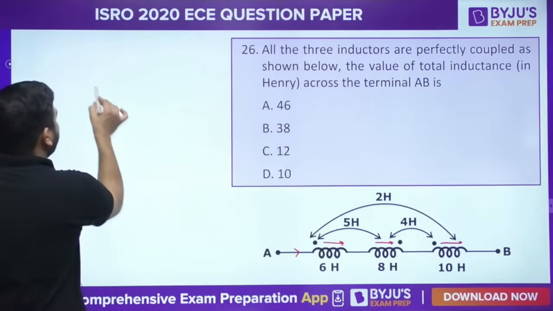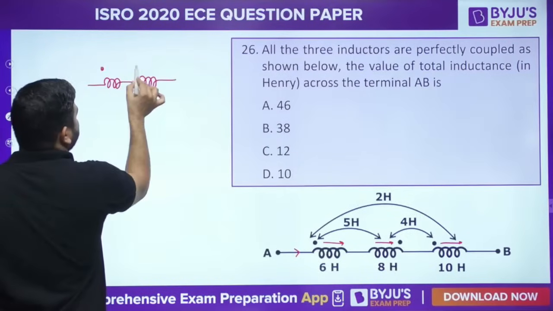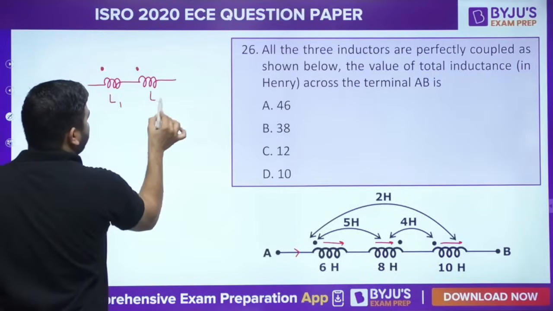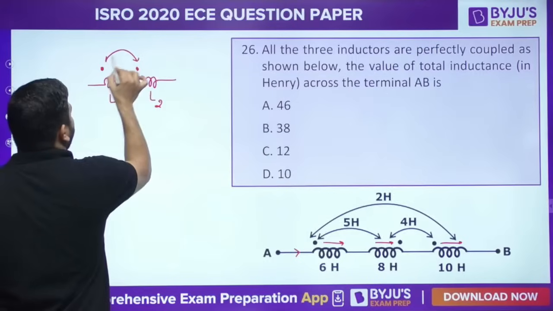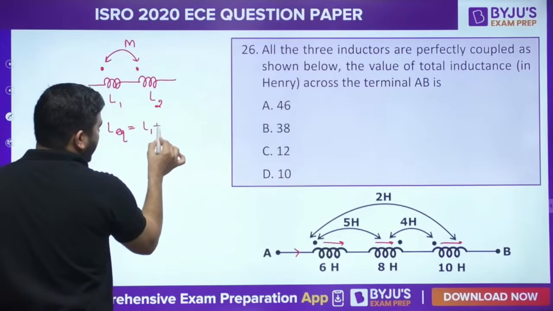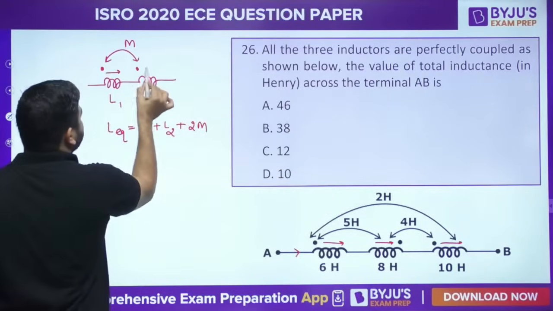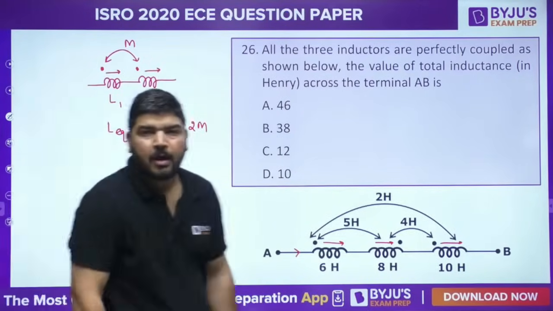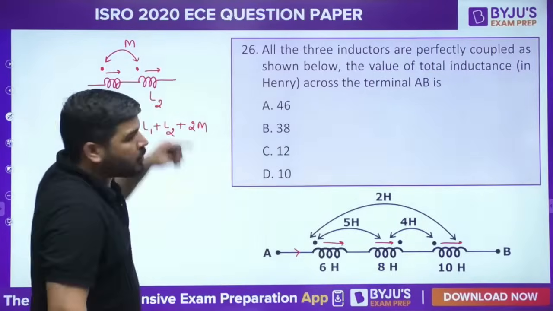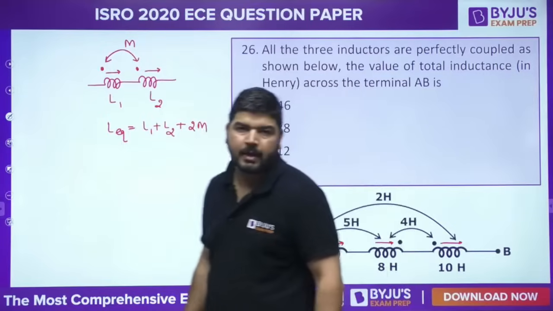Now we know that whenever two coils are coupled, let's call them L1, L2, and the coupling inductance is M. Then L equivalent will be equal to L1 plus L2 plus 2M in this case, because current is leaving from both the dots. If current is leaving from both the dots or entering in both the dots, then I have to take the plus sign here.